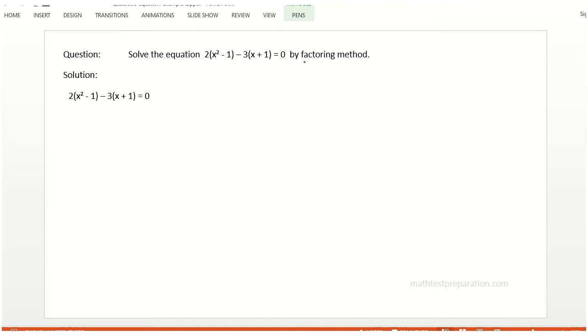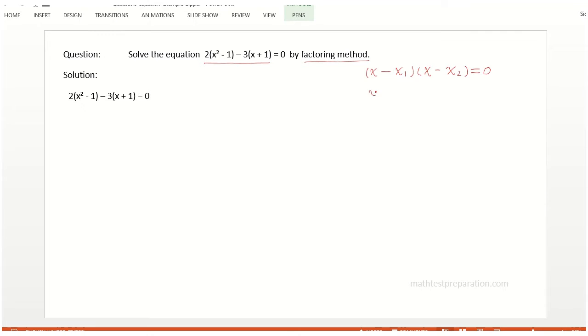The factoring method is to change the left side of the equation into the form (x − x1)(x − x2) = 0.